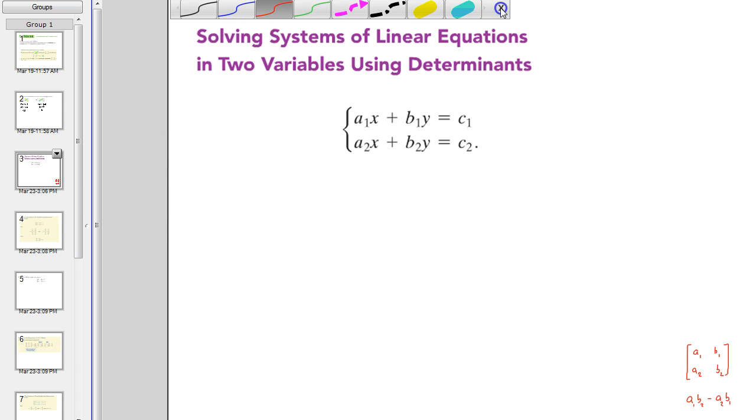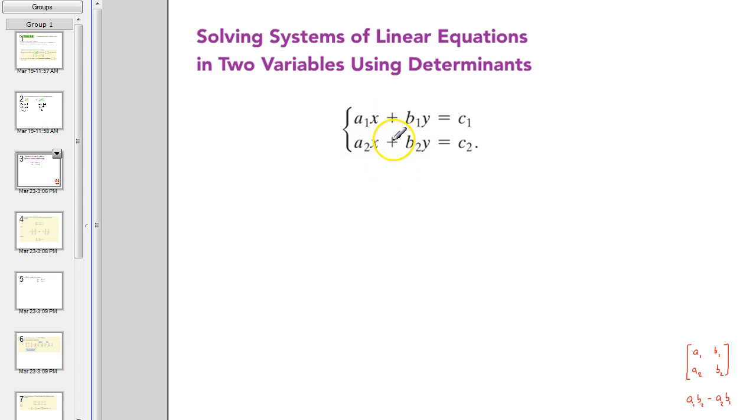And now I'm going to just go ahead and solve this system with not substitution, but elimination. I mean, I'm going to get a sign change here for y, and then solve for x. So to get a sign change for y, I need to multiply this top equation right here by a positive B2, and then this one by a negative B1.